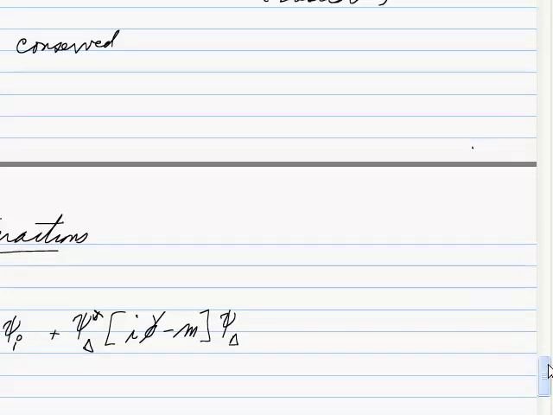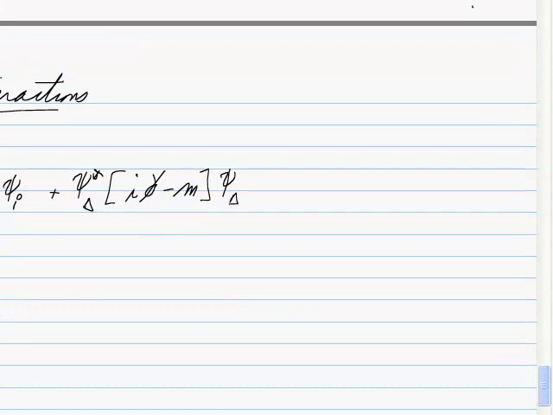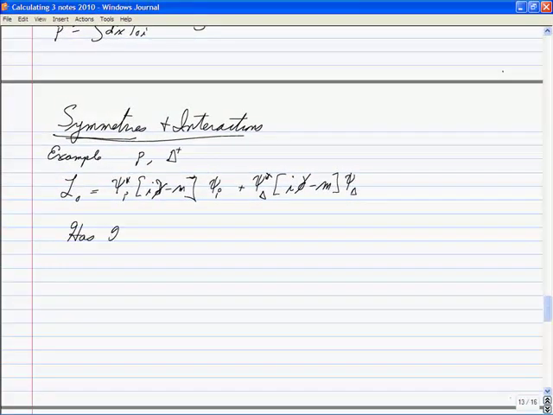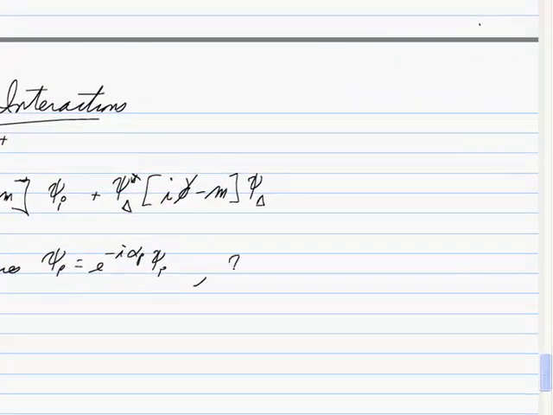Okay, but you can see from this, just from the work that we did before, this Lagrangian has two invariances. Psi p goes to e to the minus i alpha p, psi p, psi delta goes to e to the minus i alpha delta, psi delta, and you'd end up with two currents.